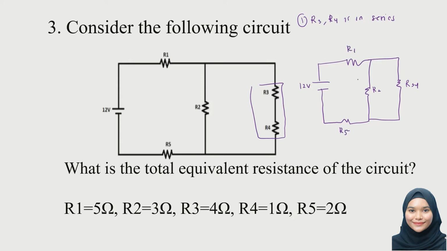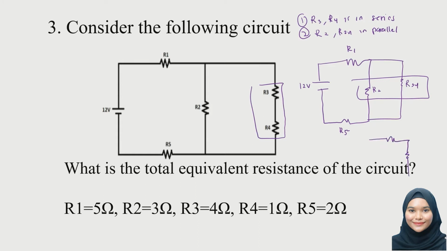Now, are R2 and R34 in series or parallel? Yes, R2 and R34 are in parallel. Then when we are done, we will get R1, R234 and R5.